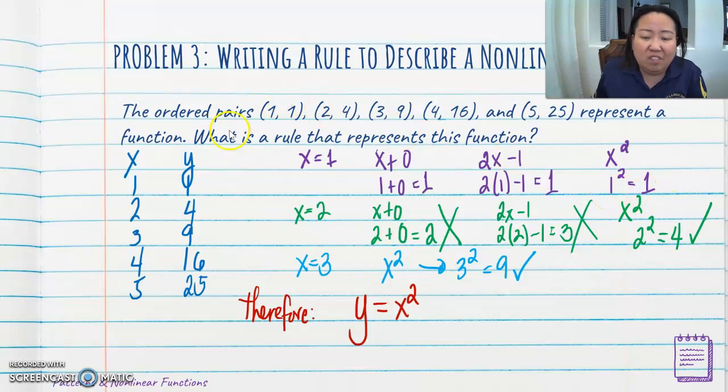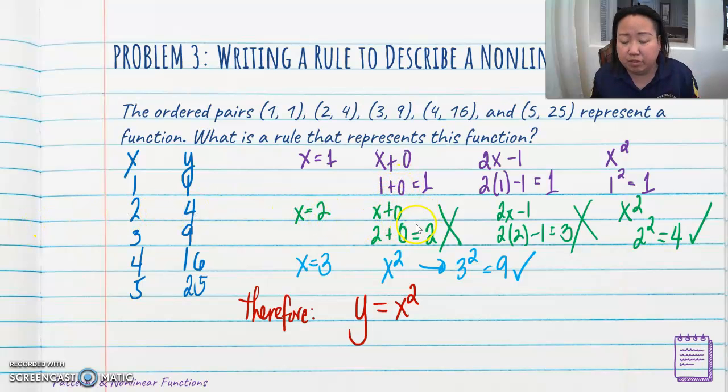Once you have identified possible ways to get the output using the first input, you can apply the second input, try it out with all the possibilities you have thought about, and eliminate the ones that cannot work. As you can see, x plus 0 won't work.